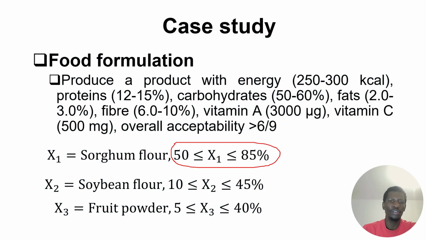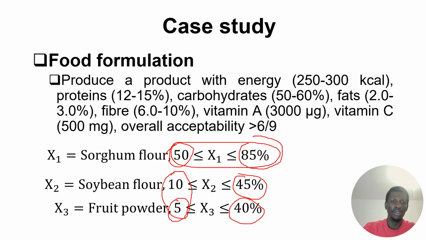You can also notice from here how the limits have been substituted. You can see here that the upper limit and the lower limit of the component proportions all sum up to 100. If we take the upper limit of component x2 and the lower limit of component x1 and x3, they will sum up to 100. If you do the same for x3, and the lower limit of component x1 and x2, they will all sum up to 100.